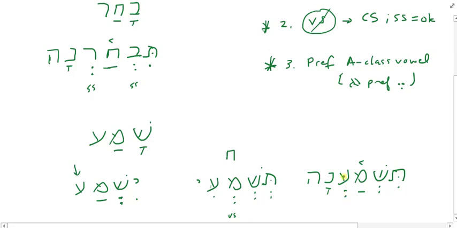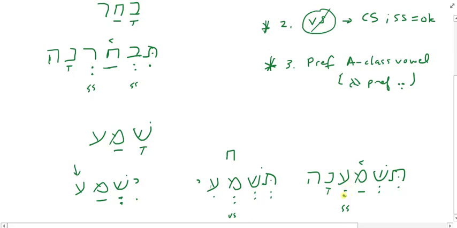Is that Shiva under the ayin okay? Yeah. Why is that okay? I thought we couldn't have Shivas under a guttural. That's right. It's silent. The rule is not that a Shiva cannot be under a guttural. It's that a vocal Shiva cannot be under a guttural. But this Shiva is not vocal. It's silent. So it is okay, and it can stay right where it is.